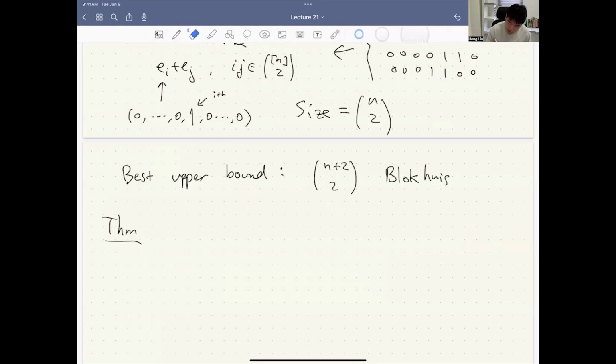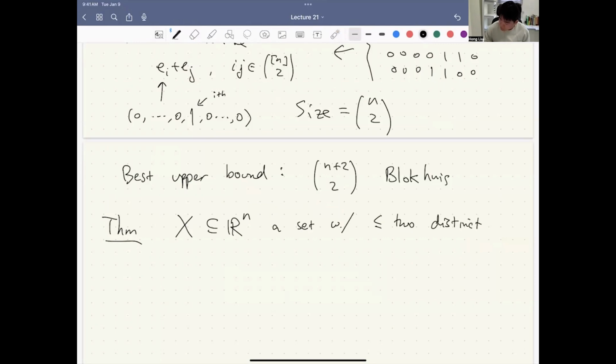Theorem: let X be a set of points in R^n with at most 2 distinct distances between pairs of its points.